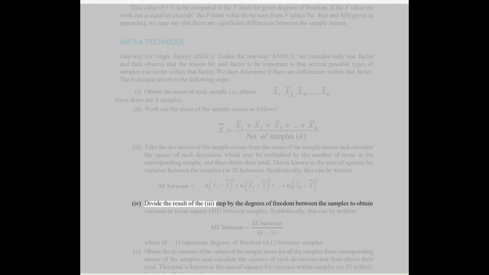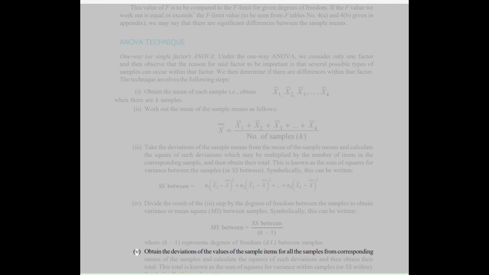4. Divide the result of the 3rd step by the degrees of freedom between the samples to obtain variance or mean square MS between samples. Symbolically, this can be written MS between is equal to SS between divided by k minus 1, where k minus 1 represents degrees of freedom DF between samples. 5.